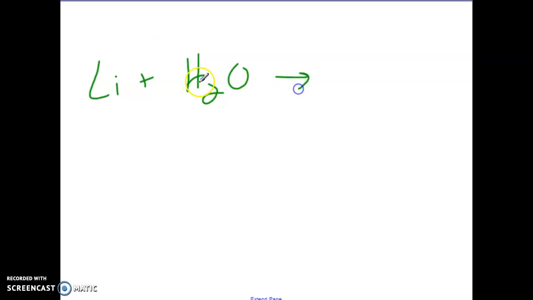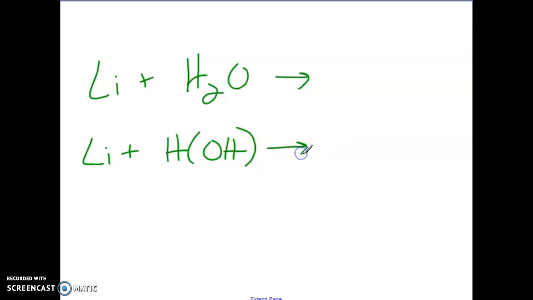Instead of writing out water, what I suggest you do, especially in grade 10, because you're not used to this yet, even in grade 11, I would recommend this. The metal that it swaps with is actually going to be hydrogen, not H2.